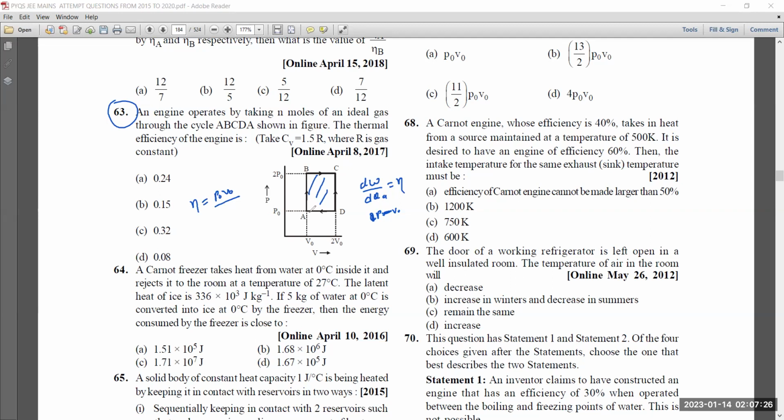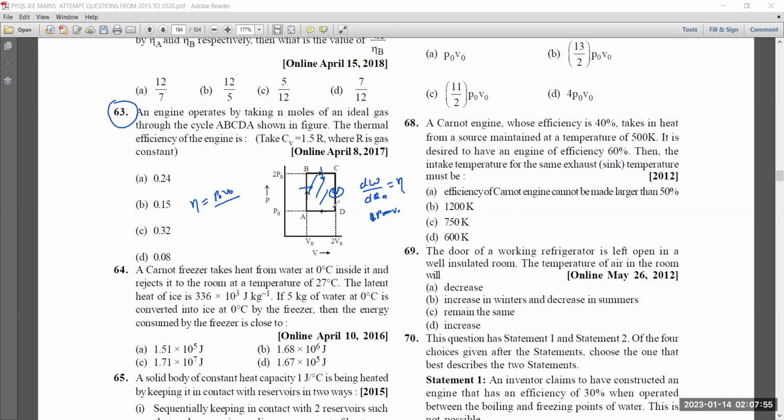How to write the heat absorbed? So B to C heat is absorbed and A to B heat is absorbed. I think they have given a different arrow here. Okay, it is not cyclic? Or is it a misprint? I don't know. It must be cyclic, no?